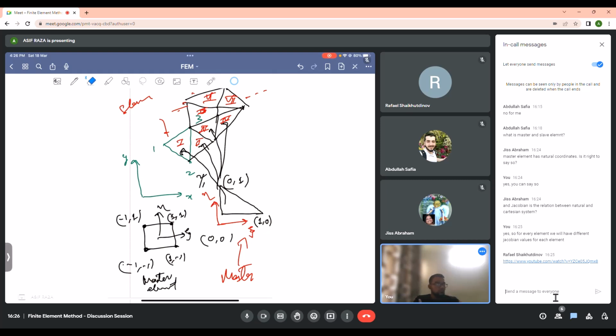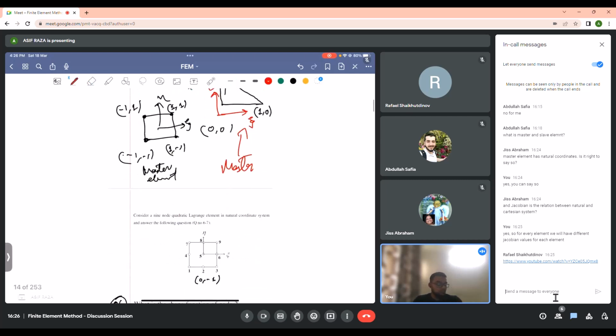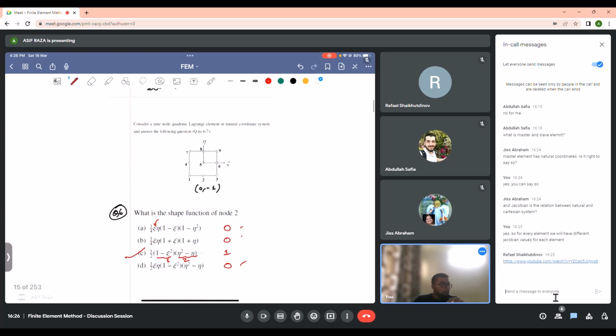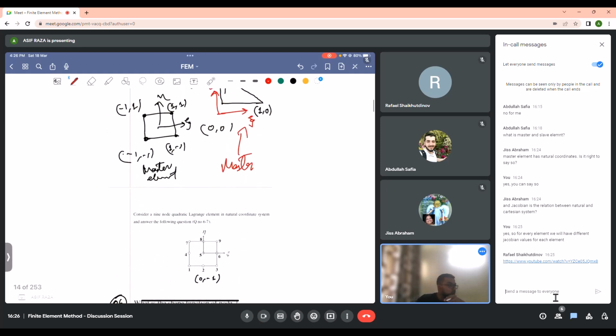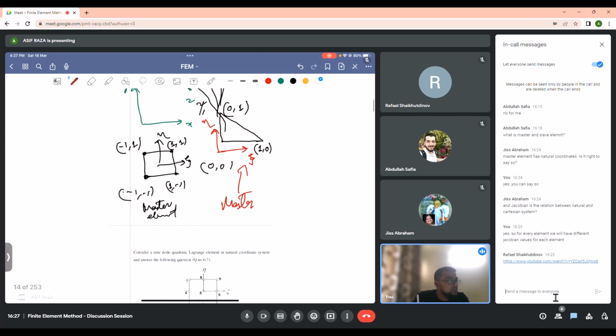This is quite an important thing. Jace also asked whether the master element has a natural coordinate system. Yes, we can say so, and the Jacobian.